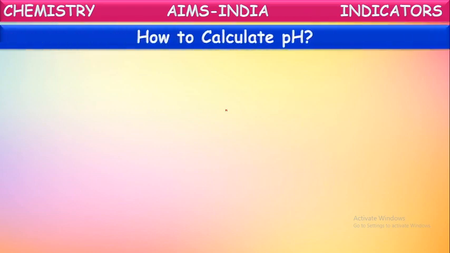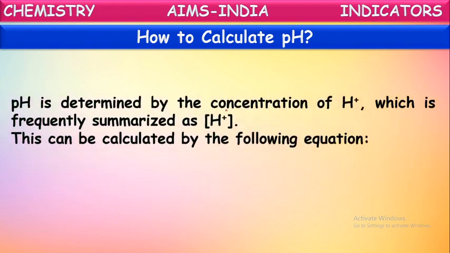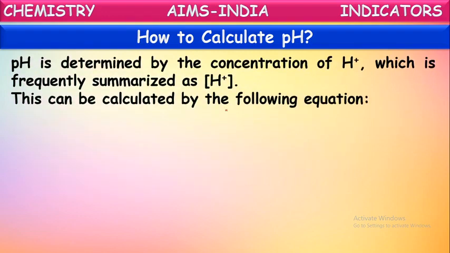How to calculate the pH of a solution? If we know the H plus ion concentration, we can calculate its pH value as follows. pH is determined by the concentration of hydrogen ions, or H plus ions, frequently summarized as H plus ion concentration.